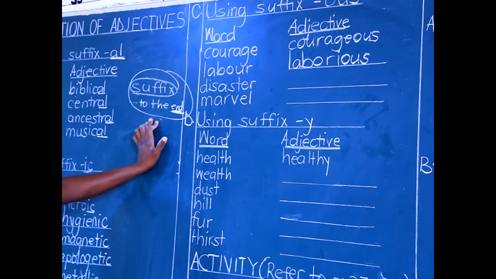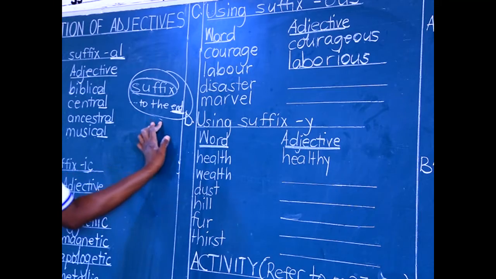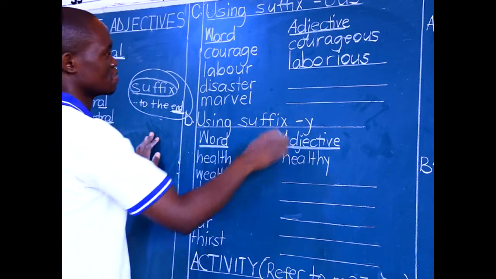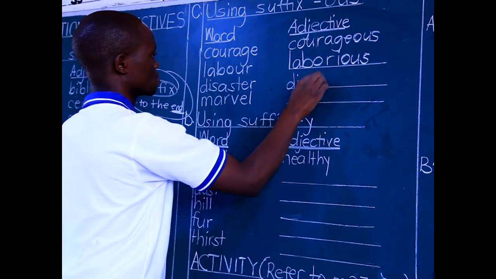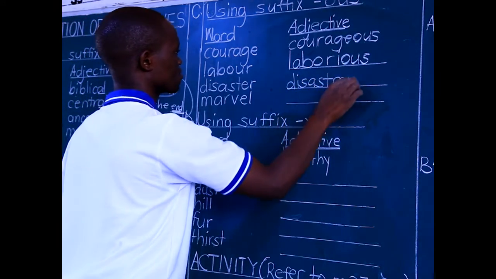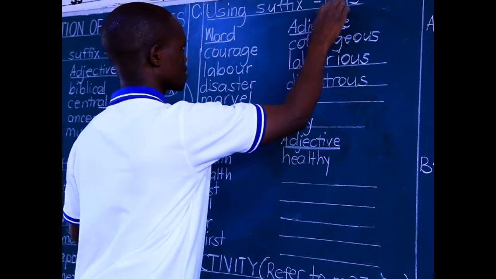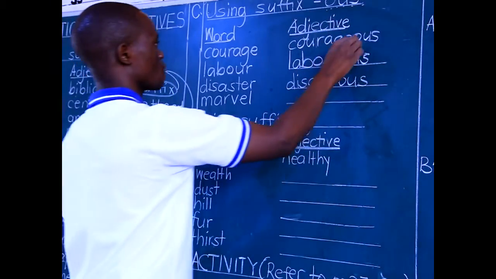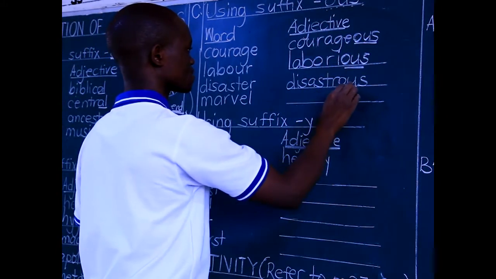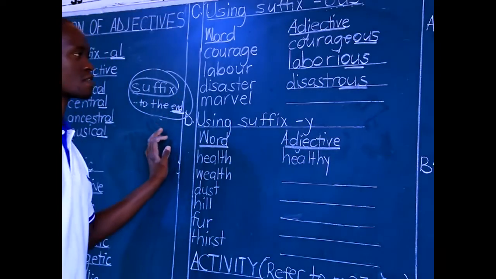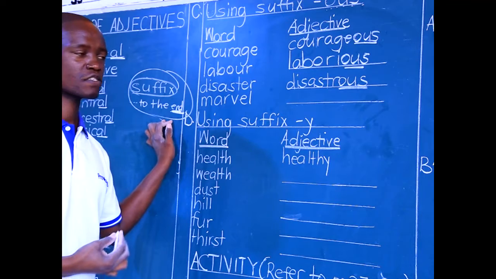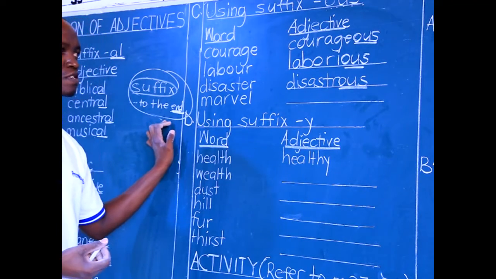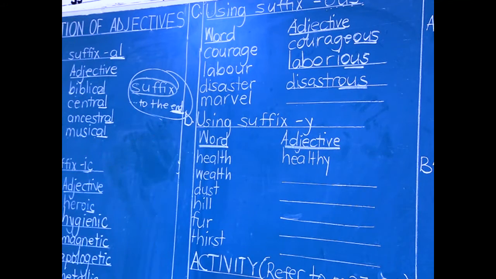Our next word is disaster, which is a noun. Change it to an adjective, it becomes disastrous. Our suffix in this category is OUS. Don't forget that. A letter or group of letters added to the end of a word to change its meaning is a suffix.